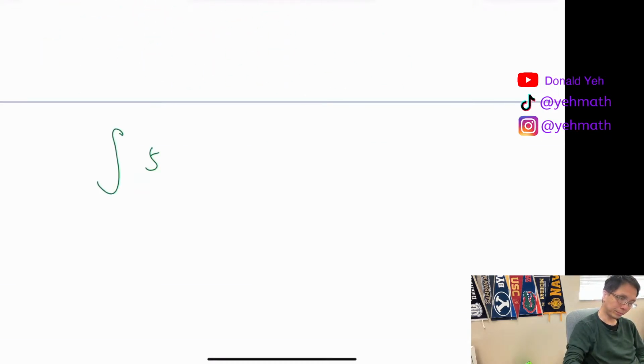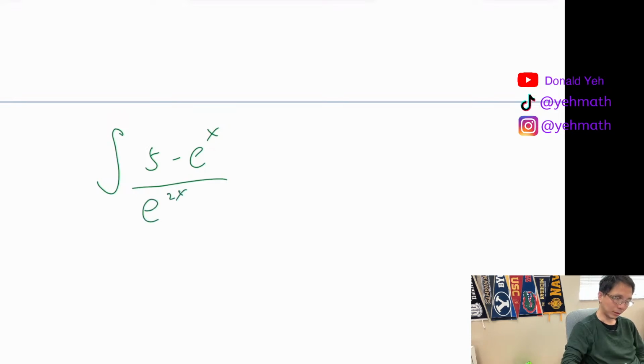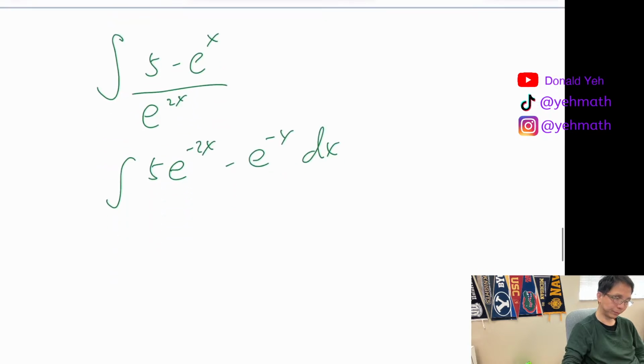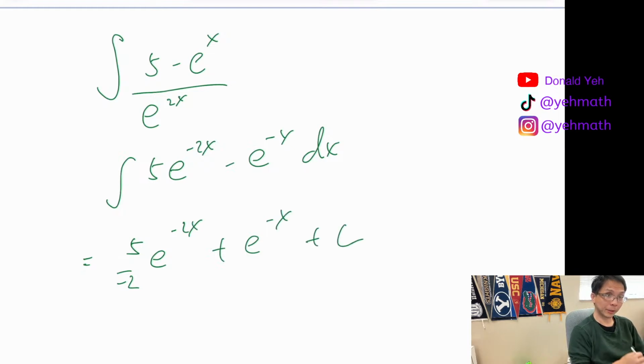What does 105 say? Oh, 5 minus e to the x over e to the 2x. 5 minus e to the x like this? Yeah, and then over e to the 2x. You split them. I just do it really quickly, but I know that's gonna be reciprocal, so it's gonna be -2 on the bottom.